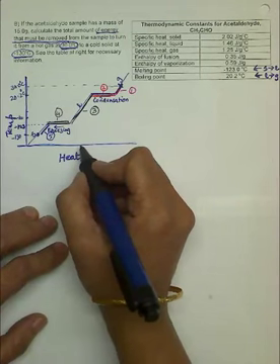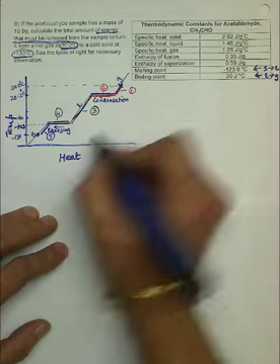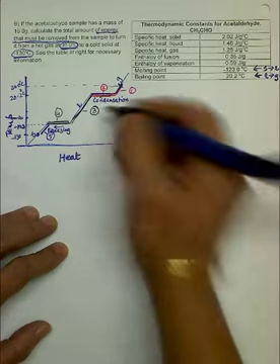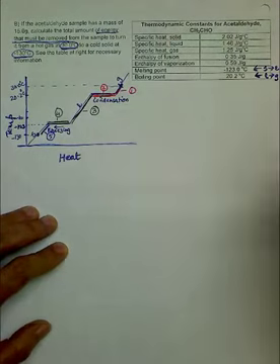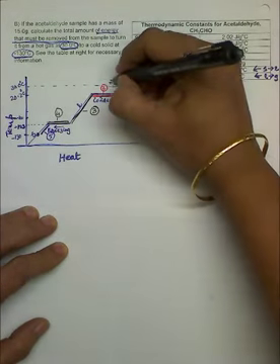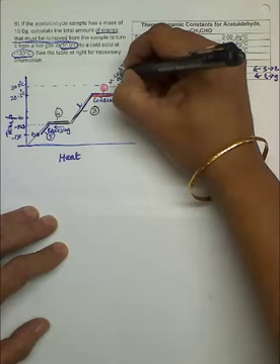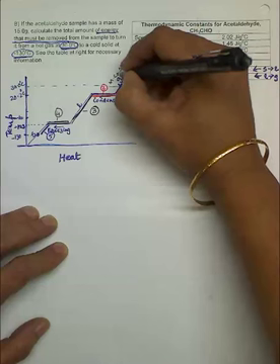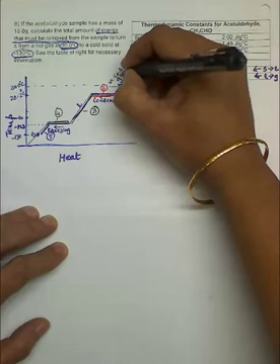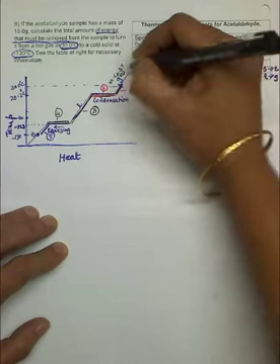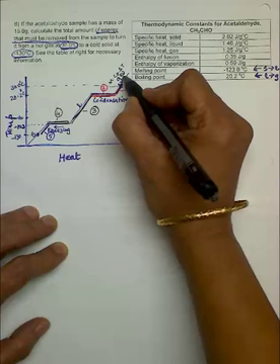Now, we do know that along the slopes, the equation that is used is mCp delta T. But you have to be very careful about the Cp that you choose from this table. At this point, the substance is in its gas form, so you will choose the specific heat of the gas.